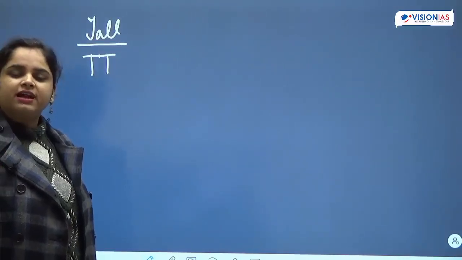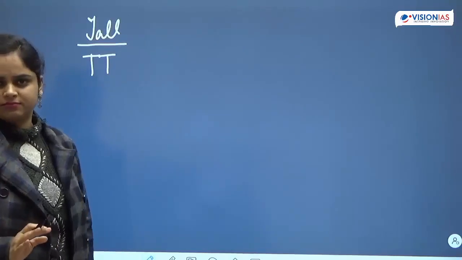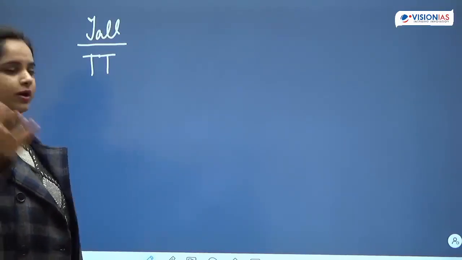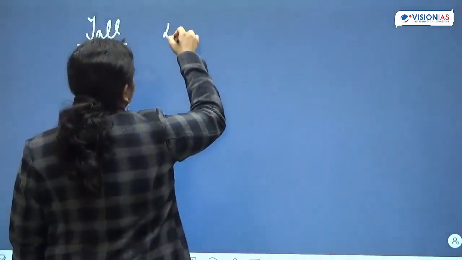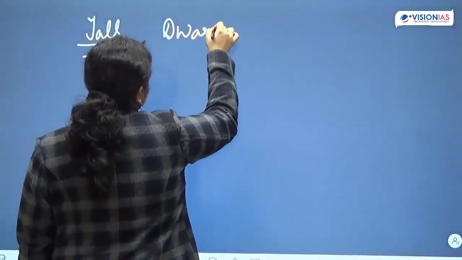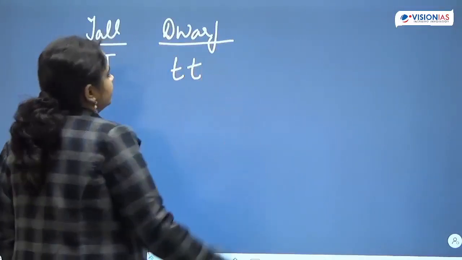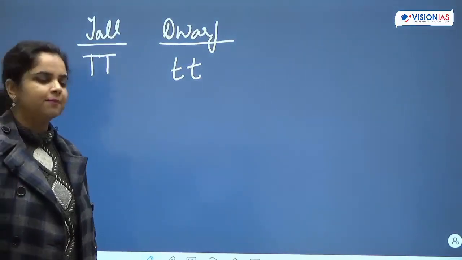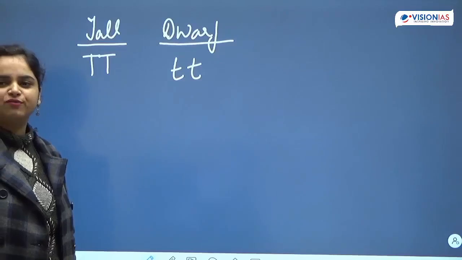Every character, every gene is present in an organism in pairs. ठीक है, 2n का concept, diploid, that's what we have, that's why we have written 2 T's. The dwarf plant we will call small t and small t. Capital T for tall and small t for dwarf.